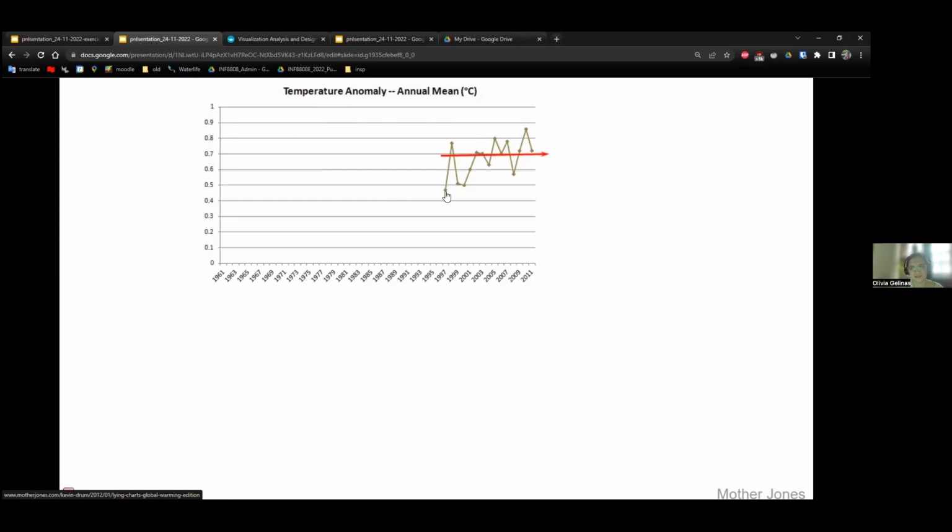Yep. So in terms of the context of data, when do we want to add context, add data in a graph? This is an example that illustrates a point. This is the average temperature through time over several years. We want to show the anomalies in the temperature.